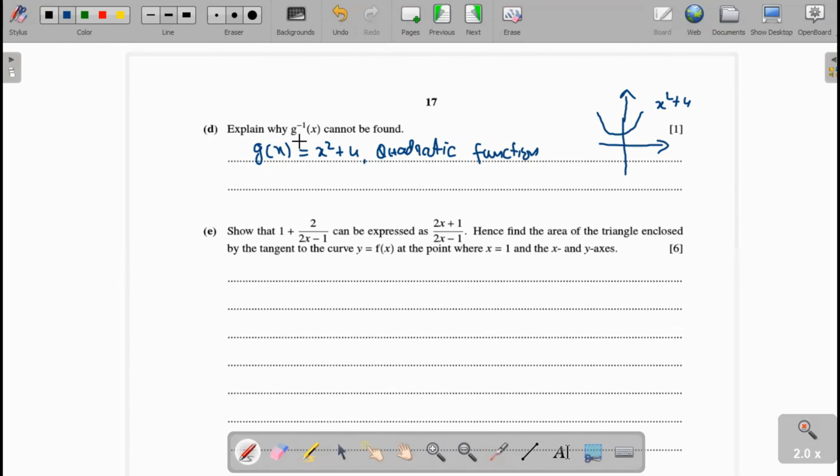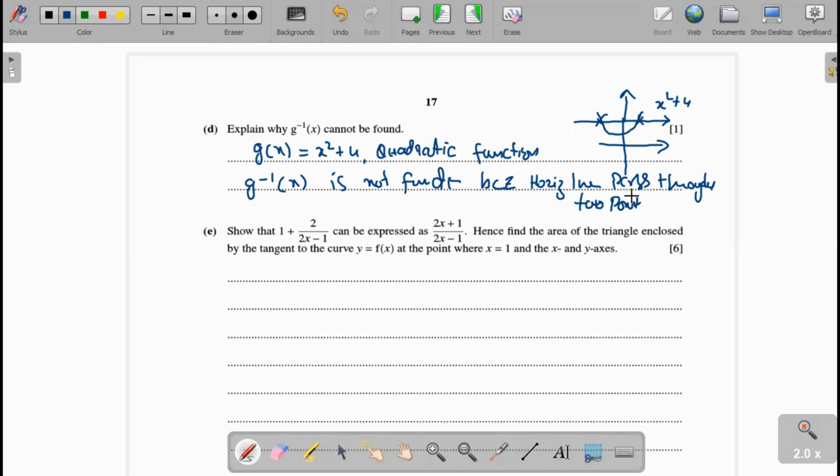To find whether the g inverse of x function is possible or not, we draw a horizontal line. Suppose we draw a horizontal line, it intersects at 2 points. Therefore, we can say g inverse is not a function because the horizontal line passes through 2 points.